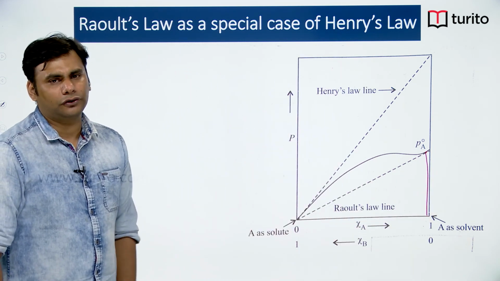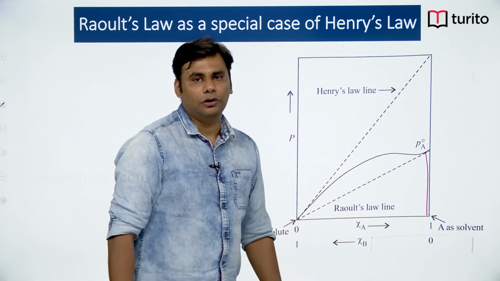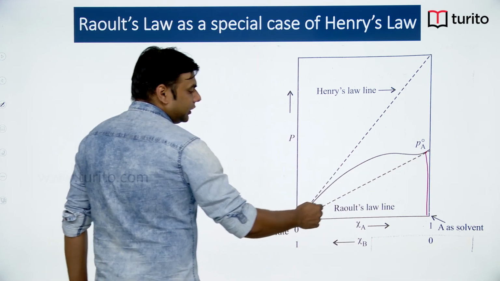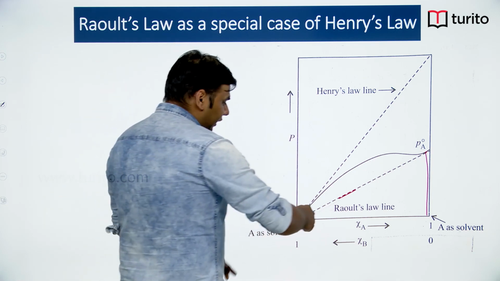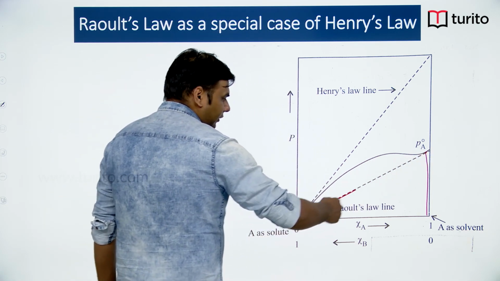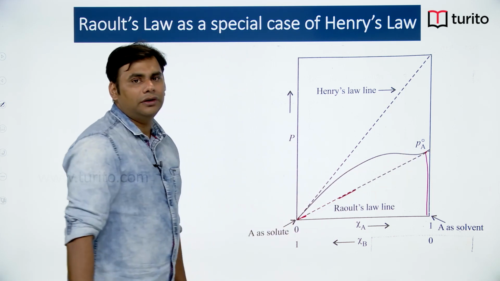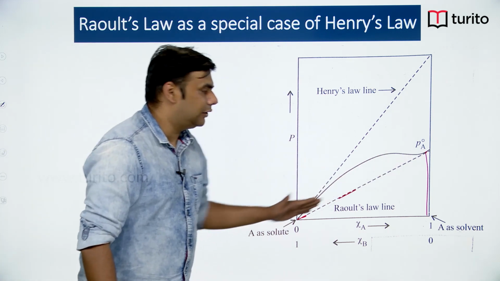The mole fraction of solvent is very close to 1, which means the amount of solute present is very low. If you draw a tangent from here, it will go and join at the origin. This is the variation of the pure solvent with addition of solute, as in Raoult's law. So this is your Raoult's line.